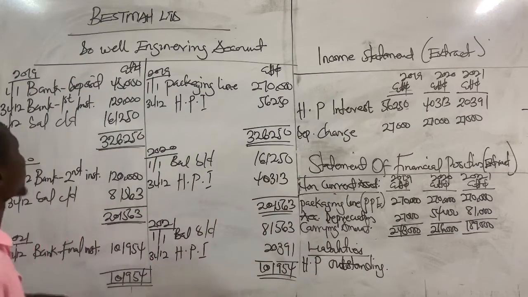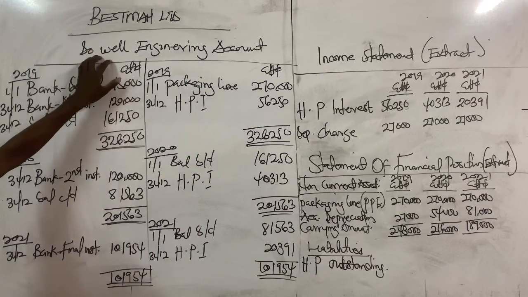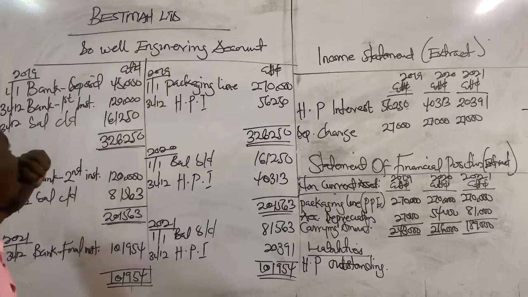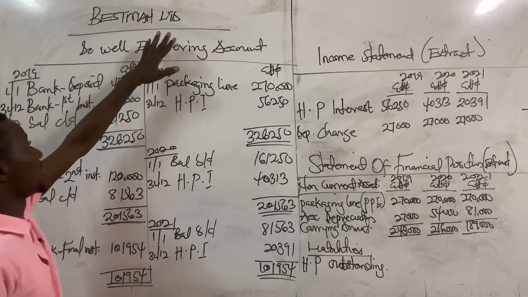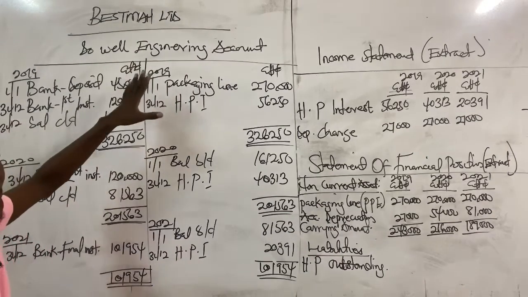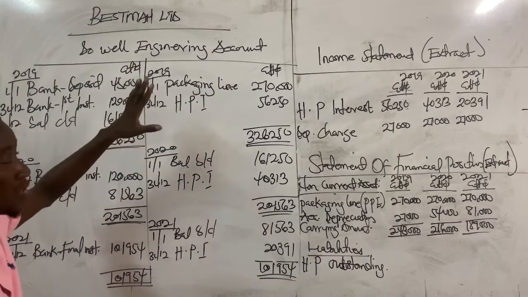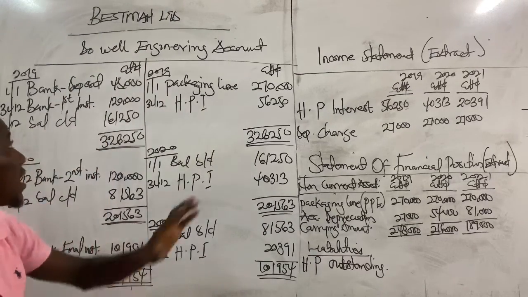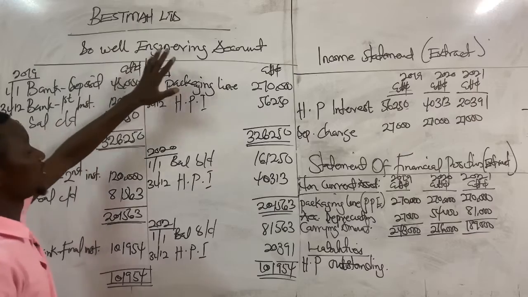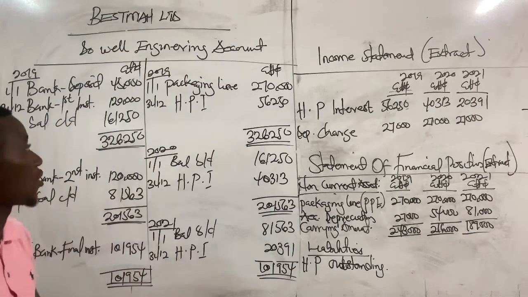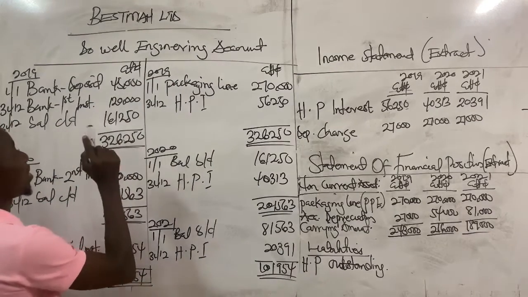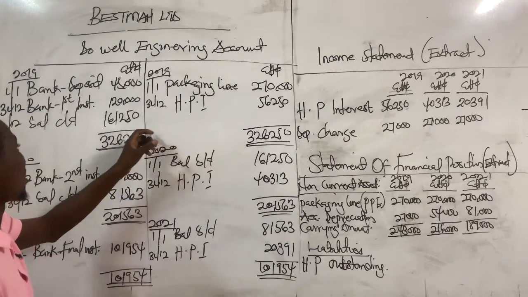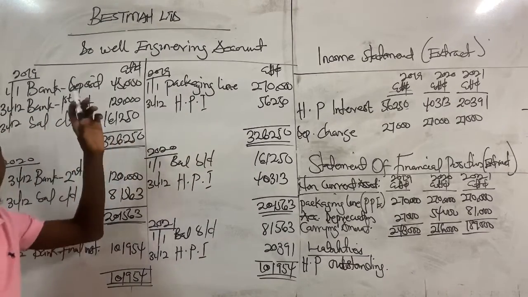So we come back to the Dual Engineering account, that is our creditors account, Bestman Limited creditors account. Do you get the concept? Bestman is the hire purchaser, Dual Engineering is the hire vendor. So we want to know how much Bestman Limited owes at the end of the year and is not able to pay.